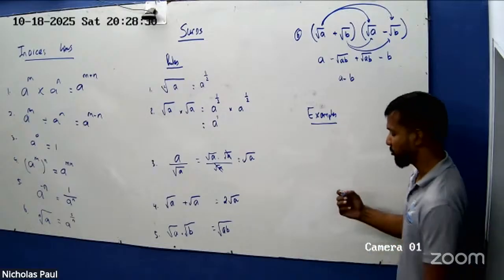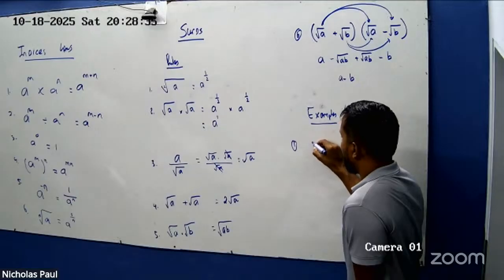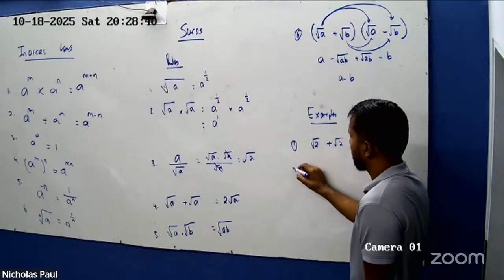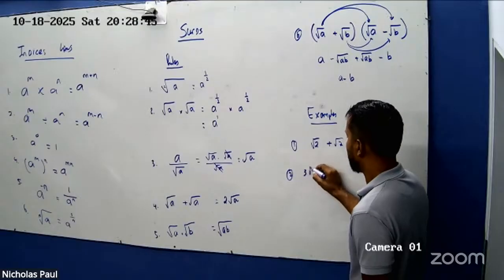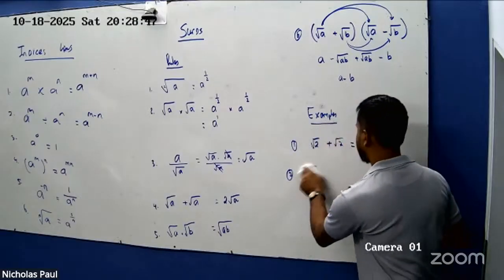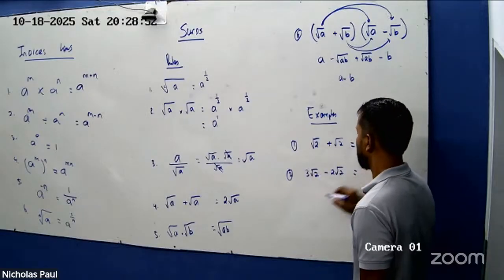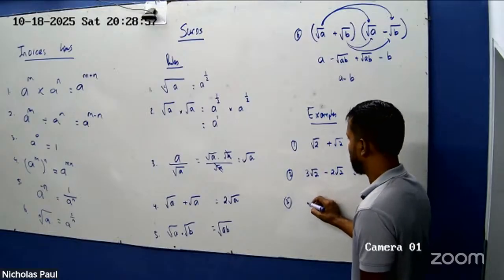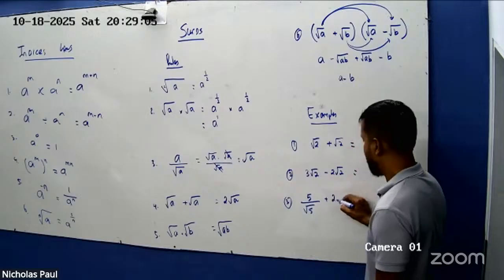All right, ready? Let's try some examples. Number one, root 2 plus root 2. Number two, 3 root 2 minus 2 root 2. Number three, 5 over root 5 plus 2 root 5.